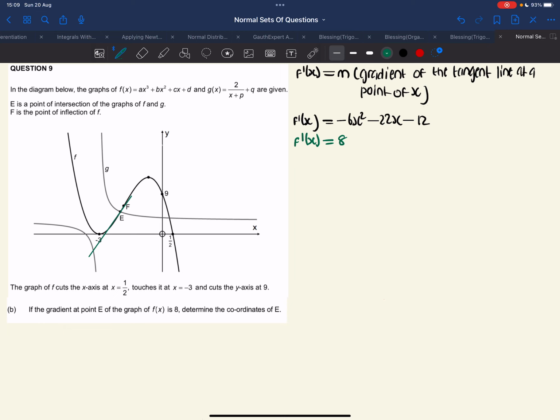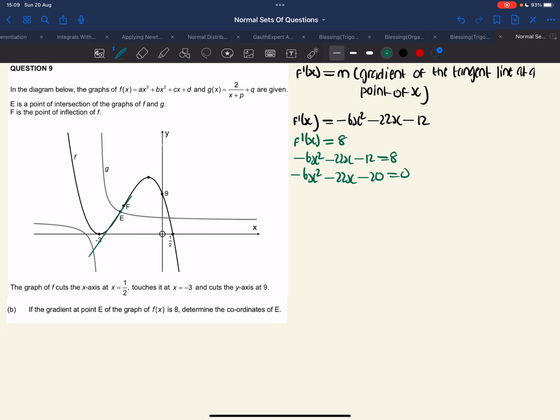So we can equate both of those and say minus 6x squared minus 22x minus 12 equals 8. Then we take the 8 to the other side and we have minus 6x squared minus 22x minus 20 equals 0.